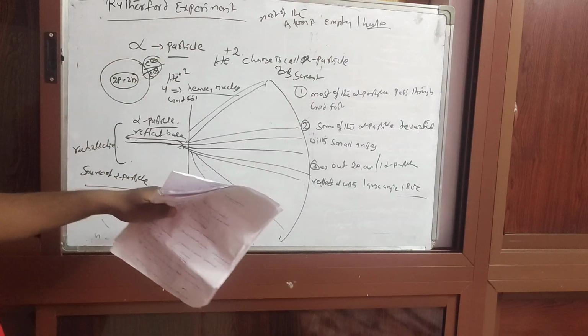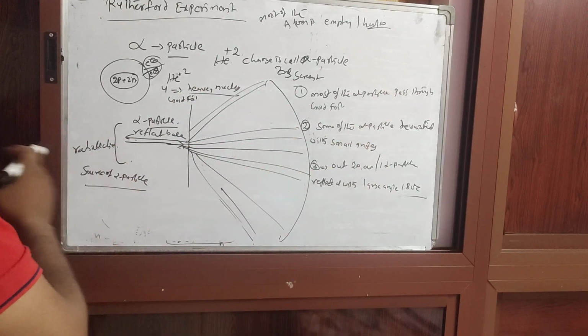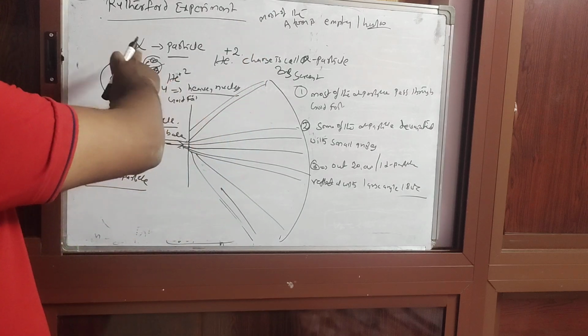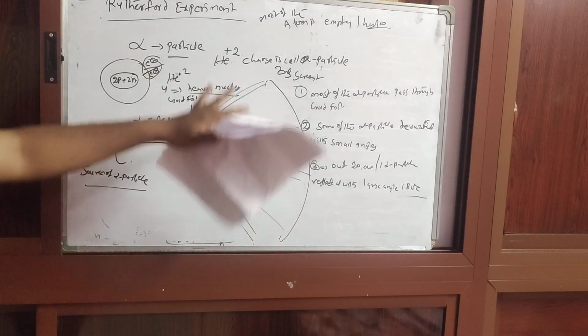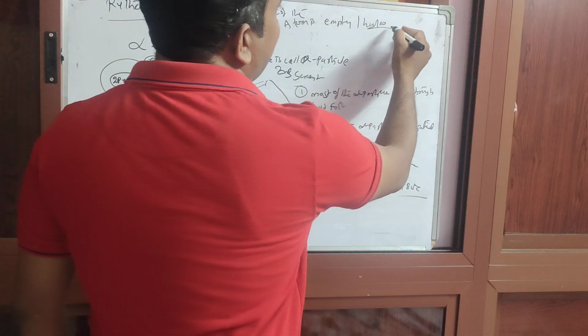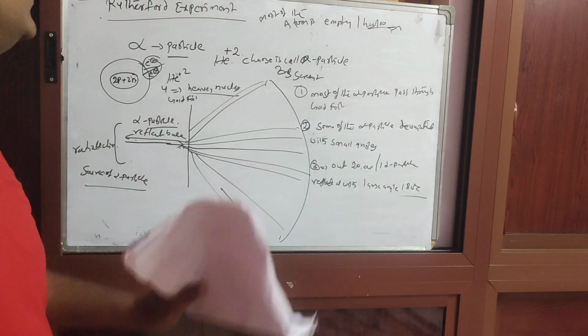If so, the alpha particle would not pass through the atom. It would be completely reflected back, because of positive repulsion. That is contradictory to the J.J. Thomson model. He observed most of the atom is empty, hollow. That's why most of the alpha particles pass through this gold foil.